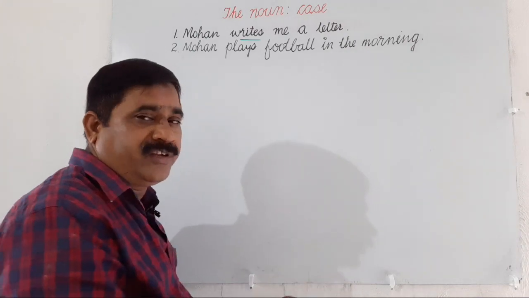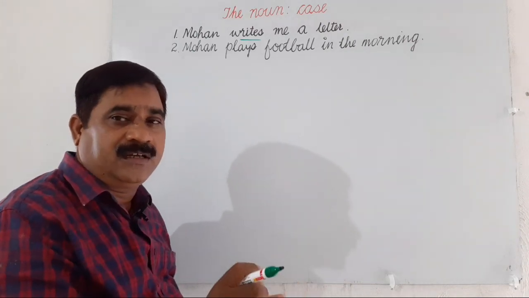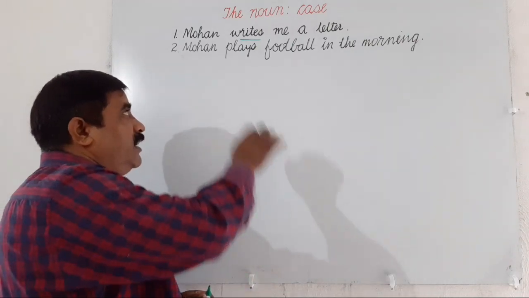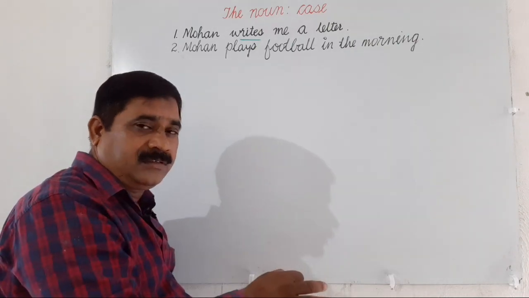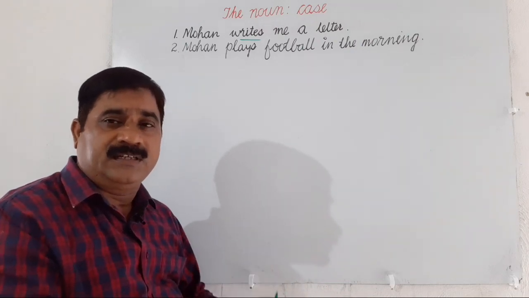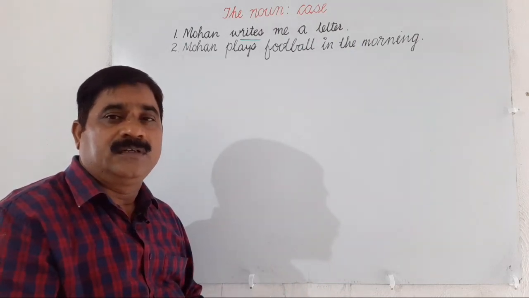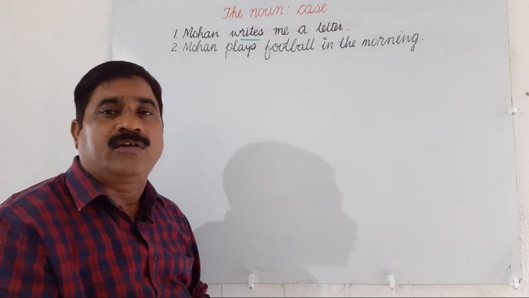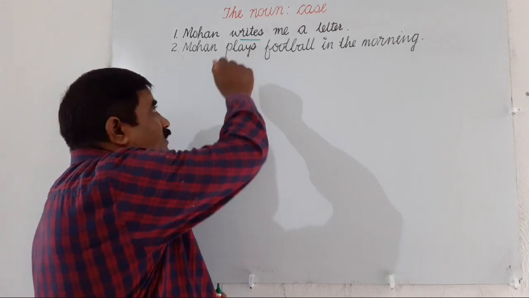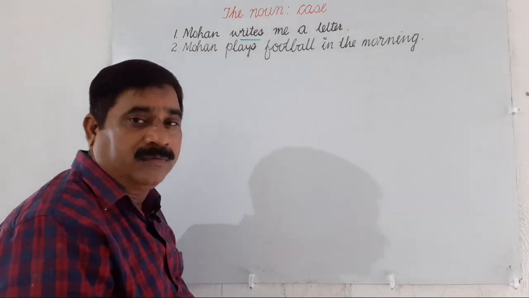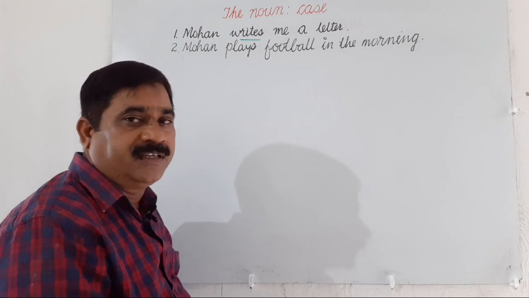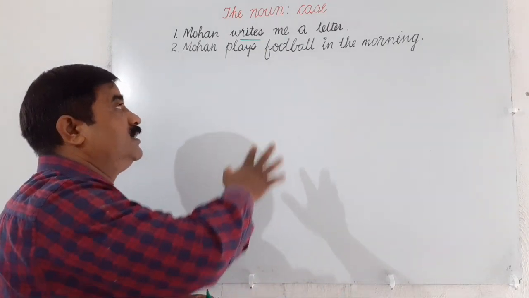Writes is the action that takes place in the sentence. The action that takes place in the sentence is generally called verb. Hence, writes is the verb.